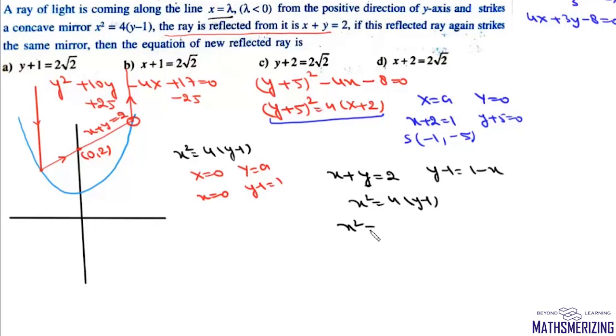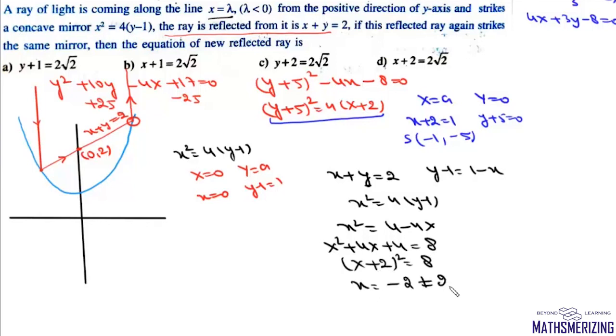We'll write this equation as x square equals 4 minus 4x. So it'll be x square plus 4x plus 4 equals 8. So we'll write this equation as x plus 2 whole square equals 8. Value of x should be minus 2 plus minus 2 root 2. Now since we are talking about this line, and for this line x should be positive, its equation will be x equals minus 2 plus 2 root 2, and that's your option number D.